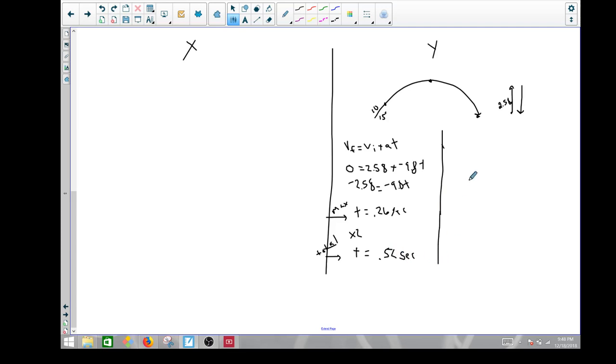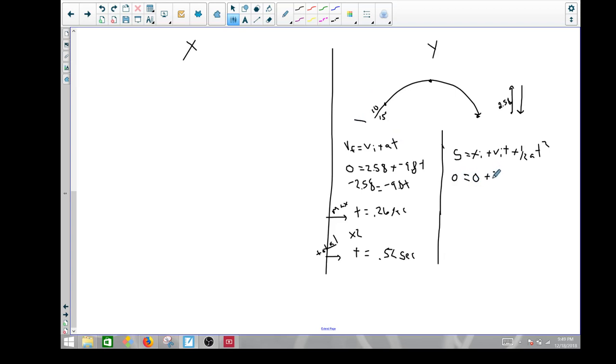All right, next one. I'm going to use the distance formula. Distance-wise, only in the y direction: xi plus vi t plus 1/2 a t squared. My initial location is 0 in the y. I'm going to go up to the top and come back down, and I want to know when I reach 0 again.